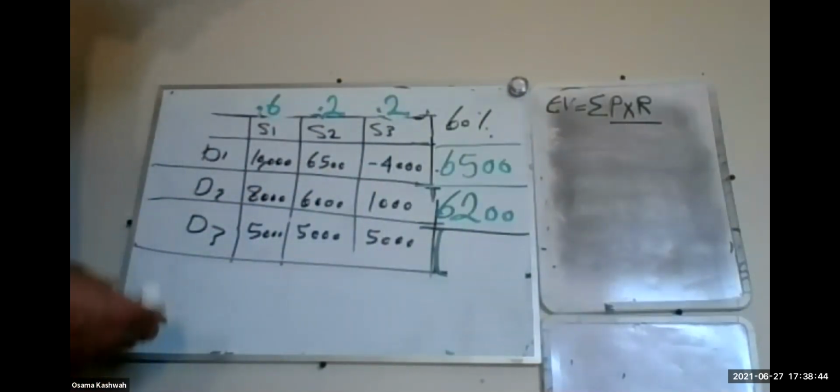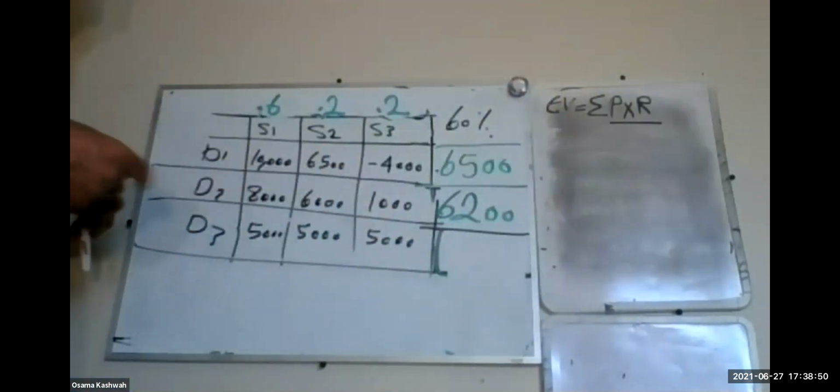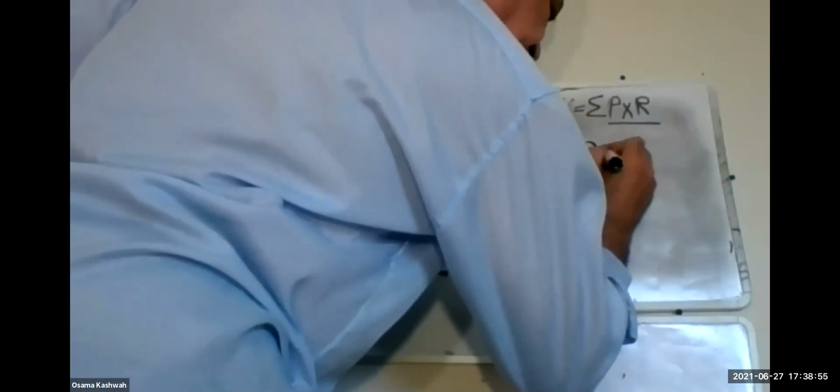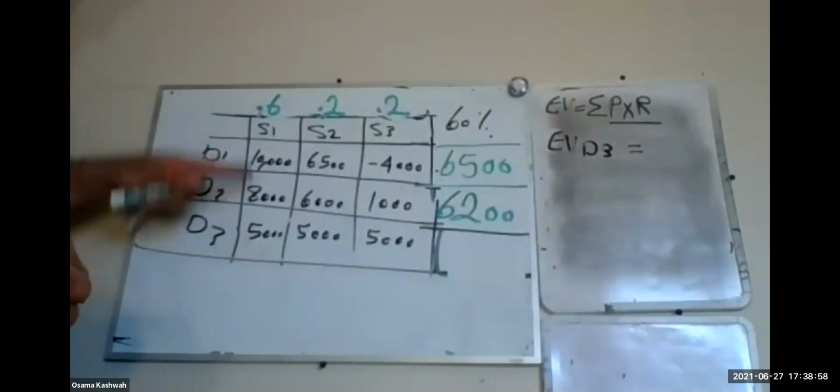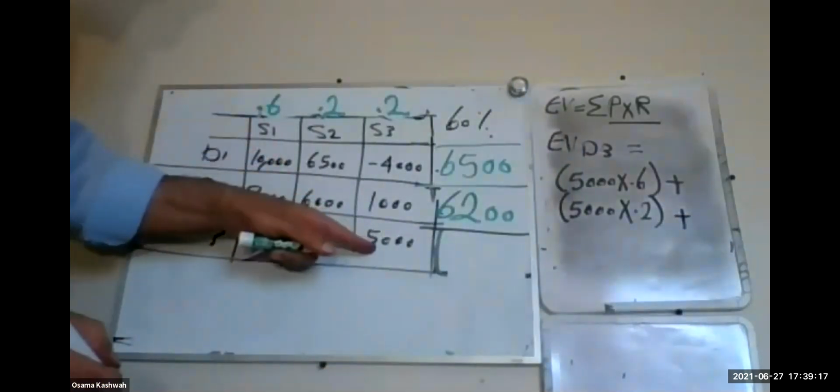Third row, EV for D3 will equal 5,000 times 0.6 plus 5,000 times 0.2 plus 5,000 times 0.2.